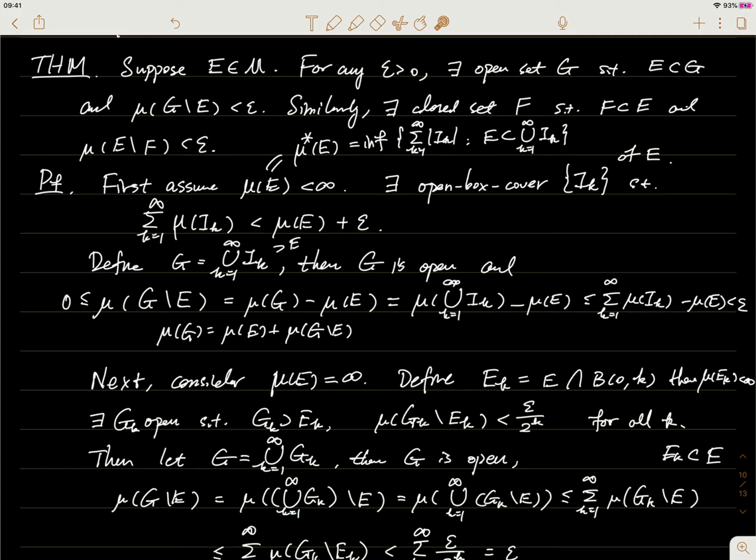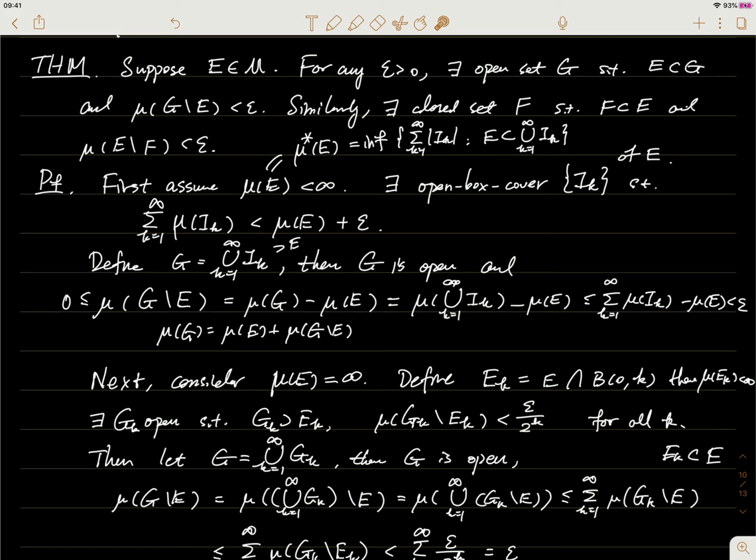And recall that the difference between this side and E is just taking the difference of G_k and E and then taking the union. So this can be obtained by seeing that this is just the intersection with E complement, right? Then I can use the distributive law and put the intersection of E complement with each G_k, and then outside I take the union over k.